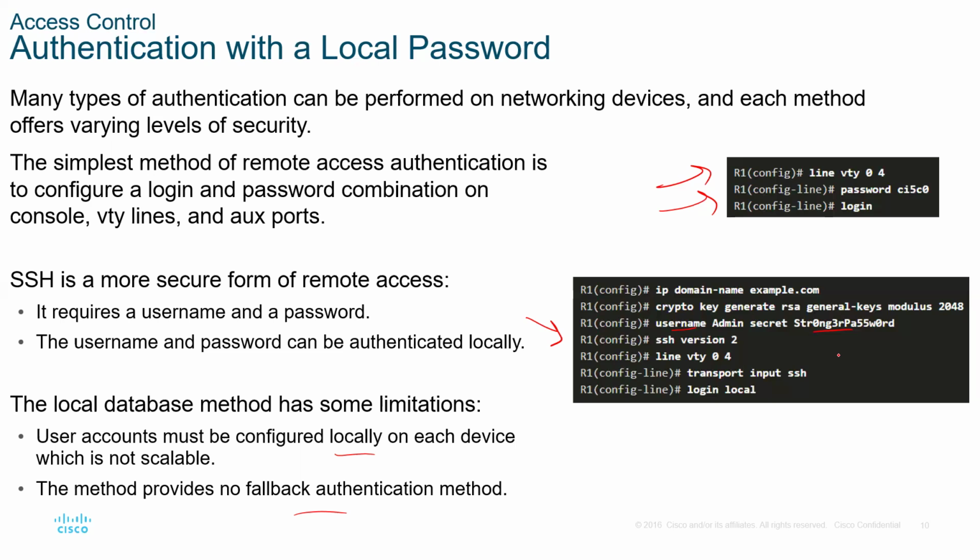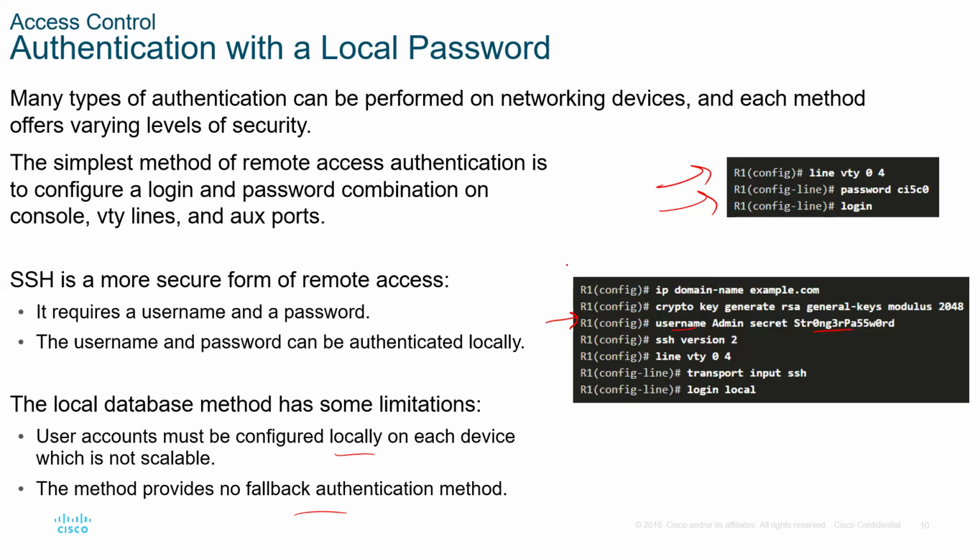All right. The local database method has some limitations. So like I said with this one, I hope you remember when you did SSH, at this point they talked about creating a local database. When you say local database, it basically means my usernames and my passwords are on the networking device which we are trying to access.